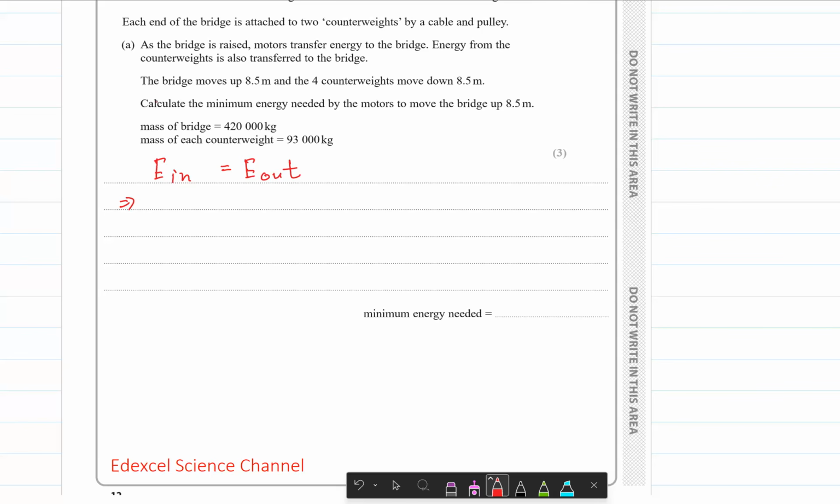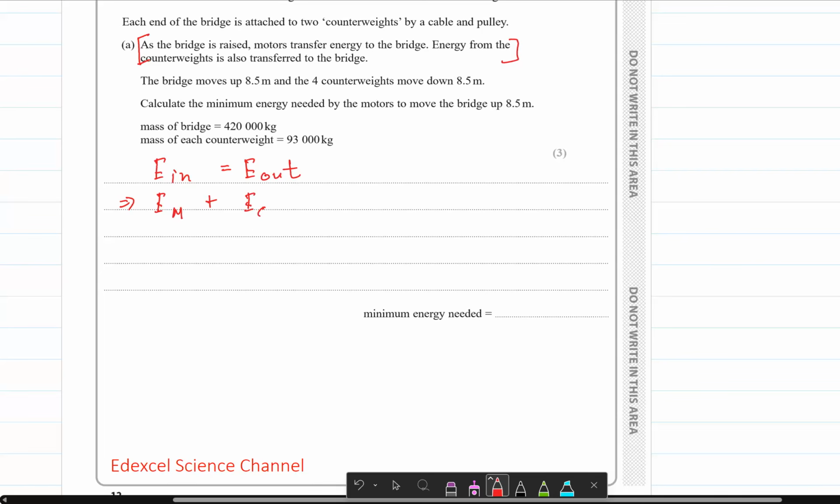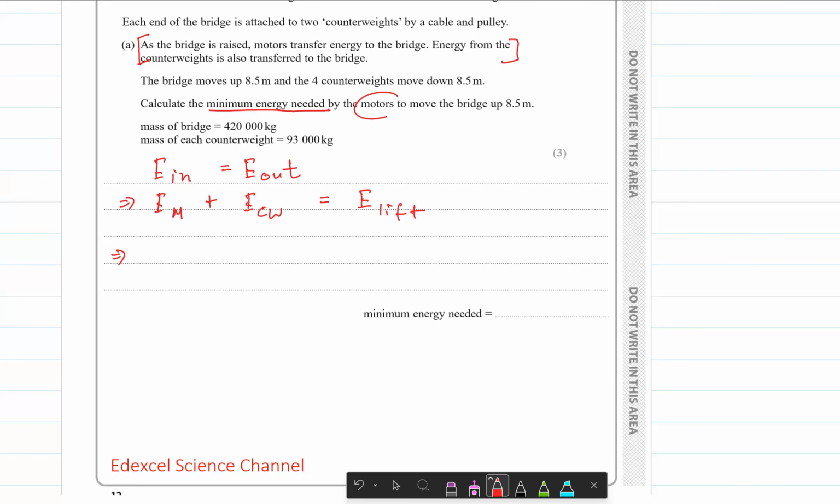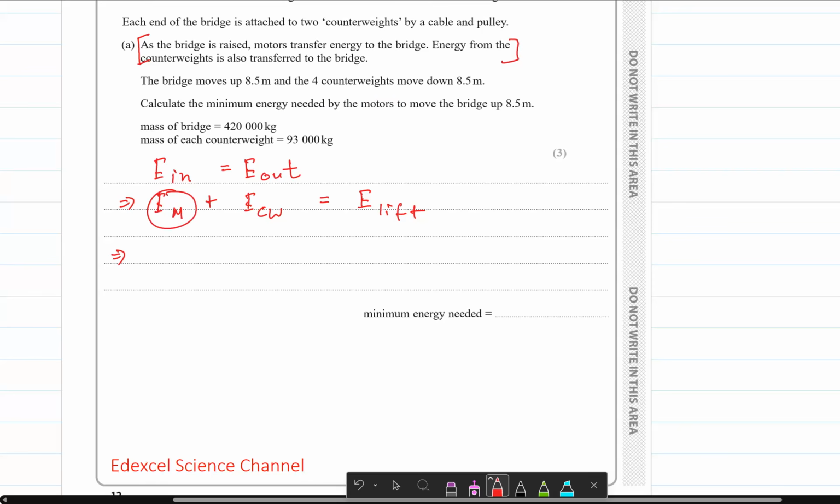The whole question can be done just by reading these two lines, because they literally tell you how to do it. The energy to lift comes from the energy of the motors and the energy of the counterweight. Now they're asking for the minimum energy by the motors, so you have to find this one.